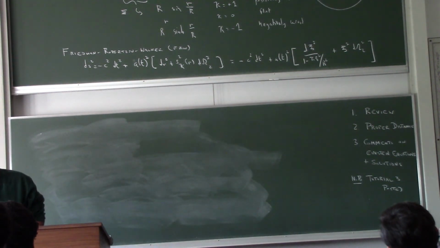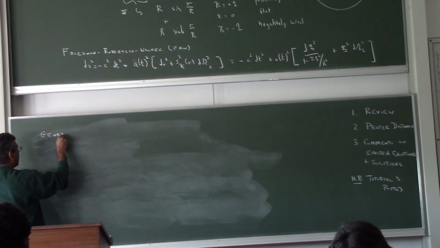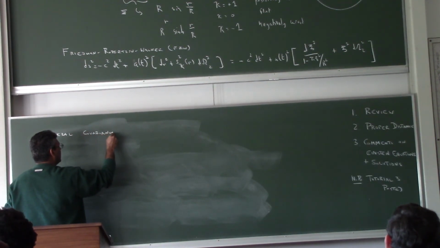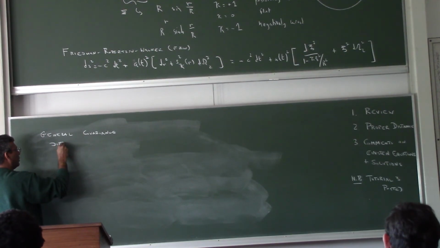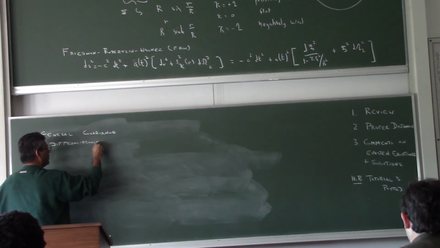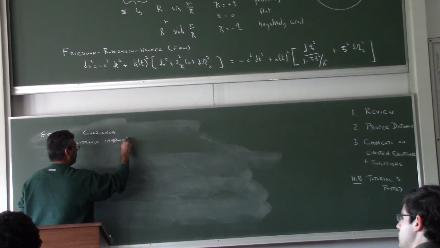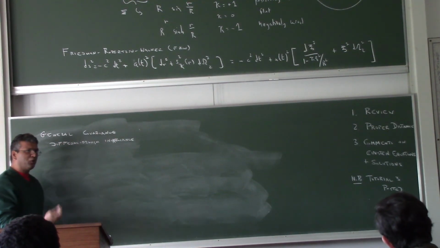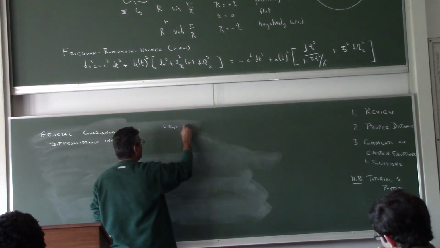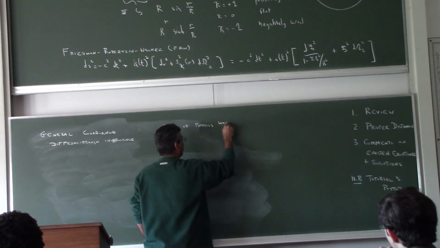We have general covariance and diffeomorphism invariance. So if we make a differentiable change of coordinates, the laws of physics have the same functional form.